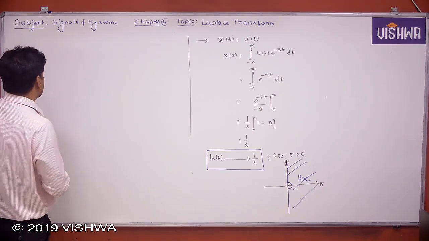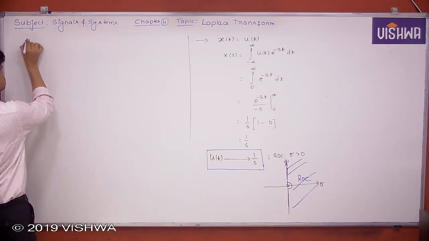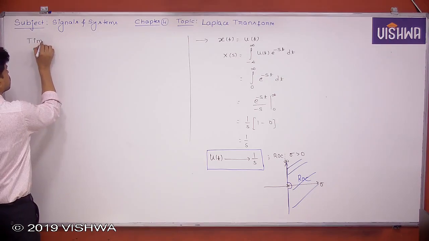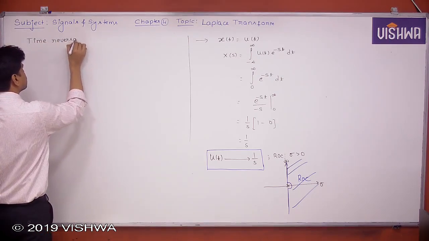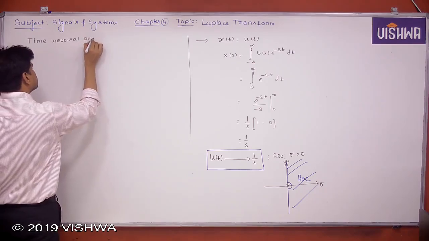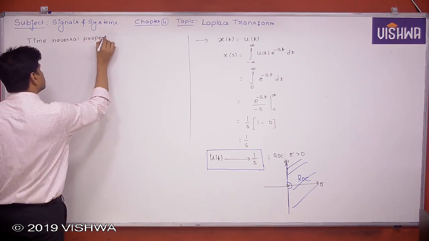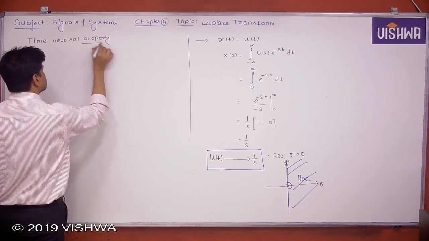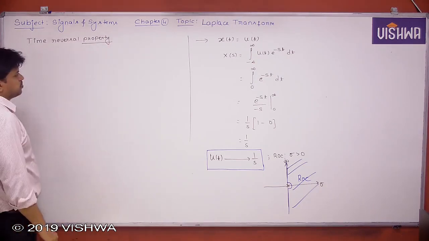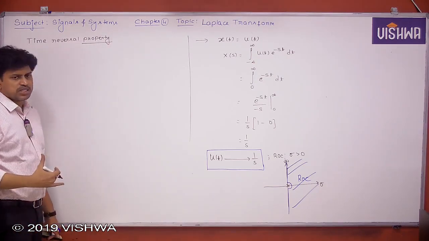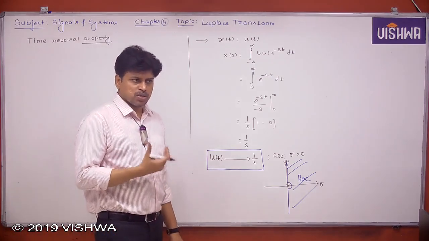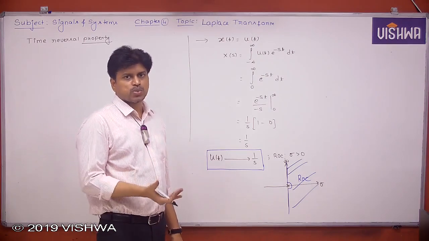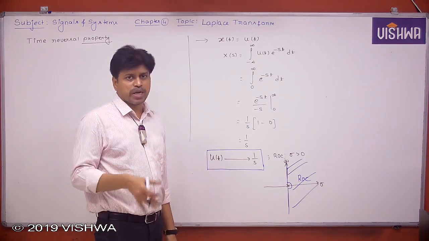Time reversal property. Here we have to see the properties in terms of the Laplace transform as well as the ROC. With this property, what changes are we going to get in the ROC also? That is also what we have to check.